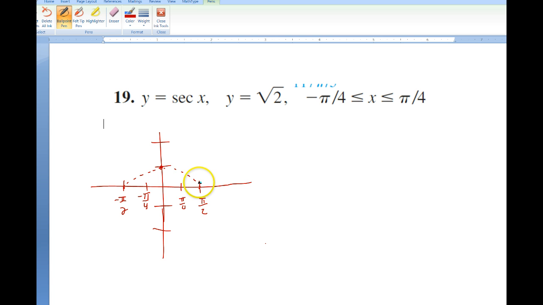So if we picture the part of the cosine, and then this is our line, y equals square root of 2. So this is the region we're looking for.